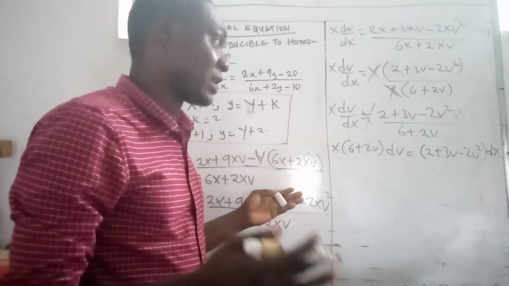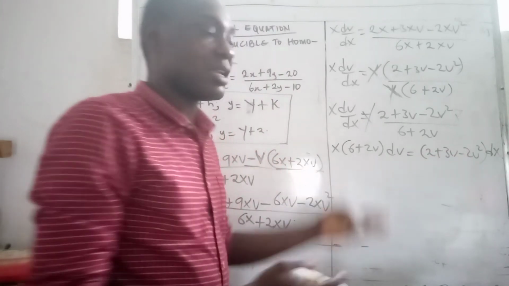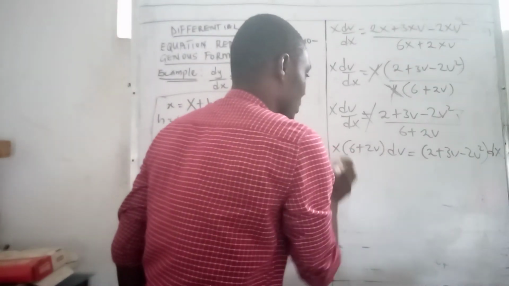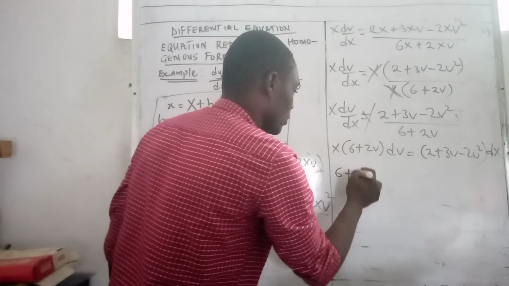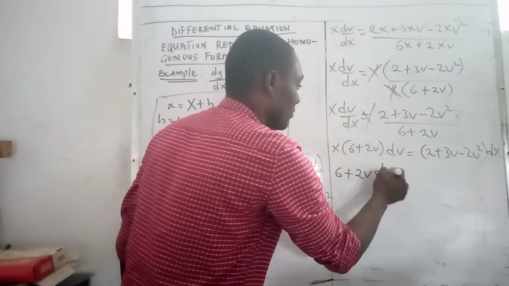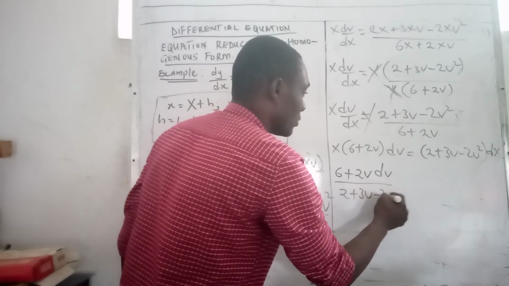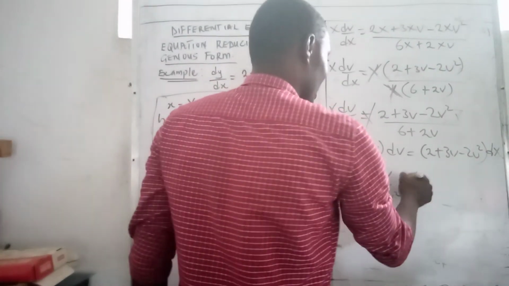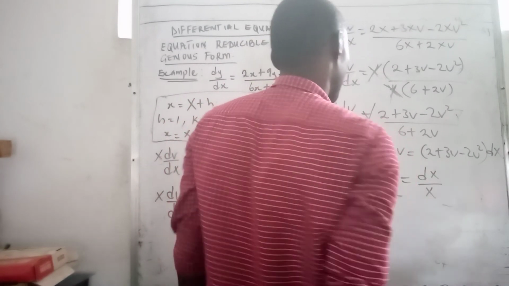So I can divide both sides now to collect like terms: terms in v, terms in x. So I'm going to have 6 plus 2v dv all over 2 plus 3v minus 2v squared equals dx all over x.